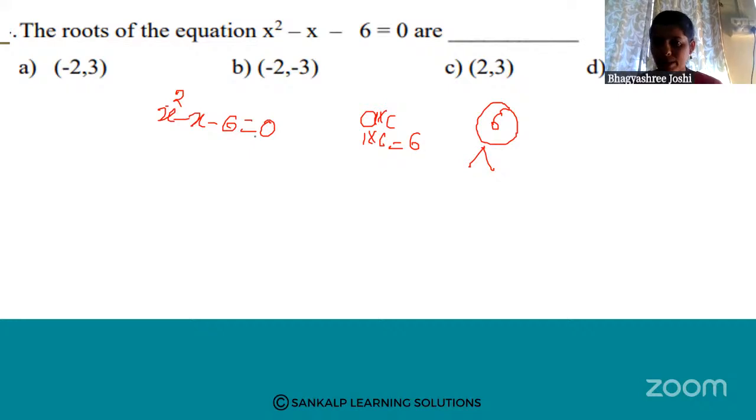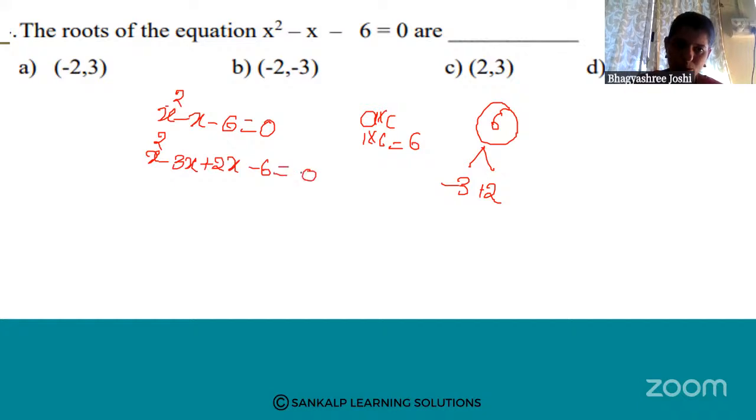So when you subtract those two numbers or when you add those two numbers, you will get minus 1. So we have to choose those numbers. Which numbers? 3 2s are 6, right? 3 2s are 6. So minus 3 plus 2, you will get minus 1. So x square minus 3x plus 2x minus 6 equal to 0. Between these two, x is common.